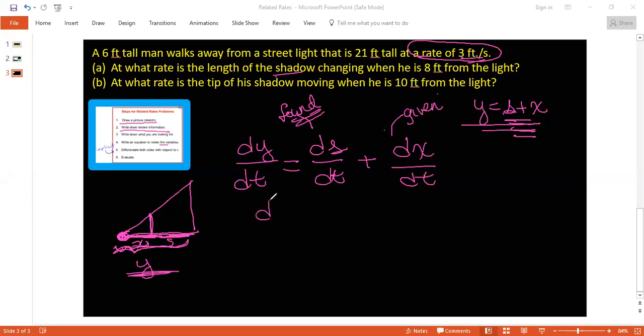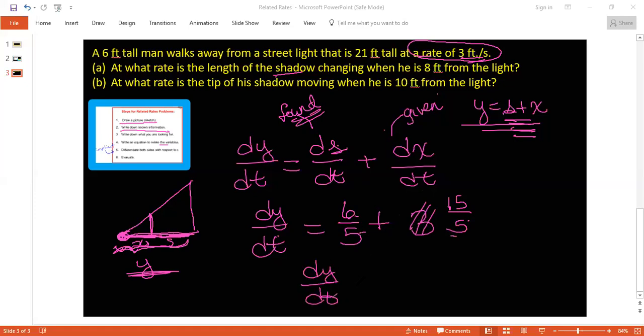So I can go ahead and plug in what we found, that was 6/5 feet per second, and this was given at 3 feet per second. To add these, let's change this. Instead of 3, we'll put 15/5 so we can go ahead and add these two.